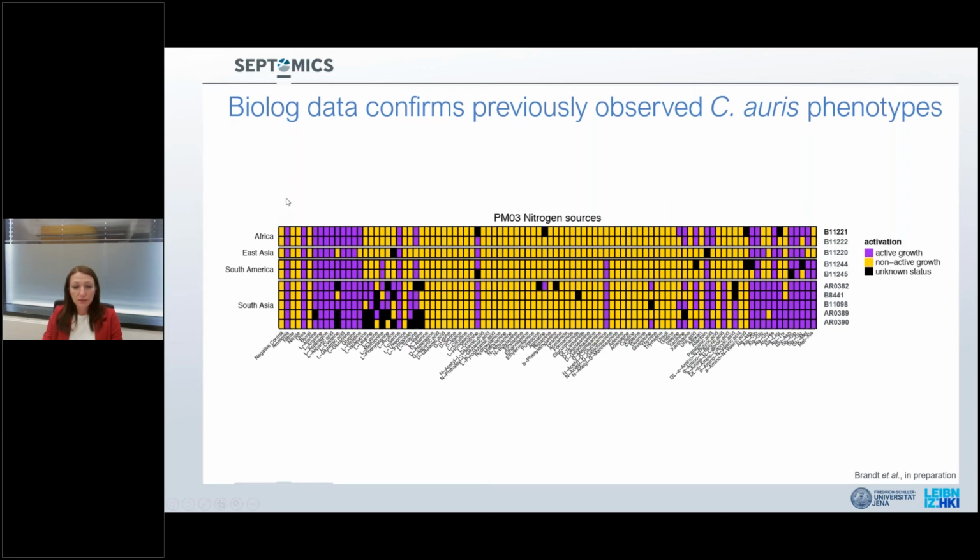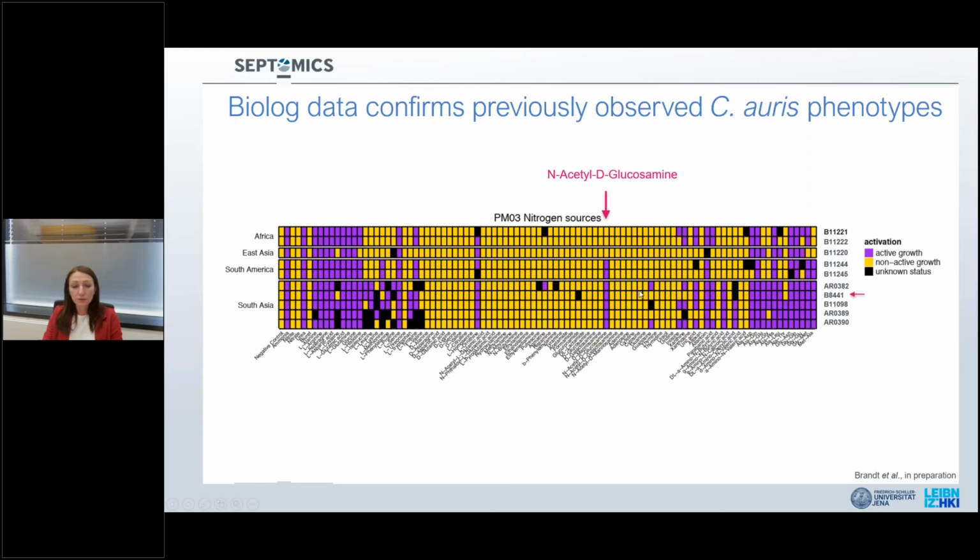And so, for example, we were able to quickly verify that indeed the African and East Asian clades are incapable or less fit to grow on N-acetylglucosamine, whereas the South American and South Asian clade isolates are well fit to do so. So this was, again, very reassuring.